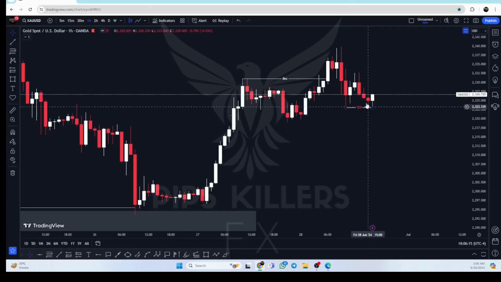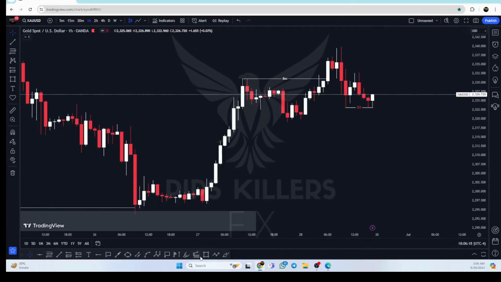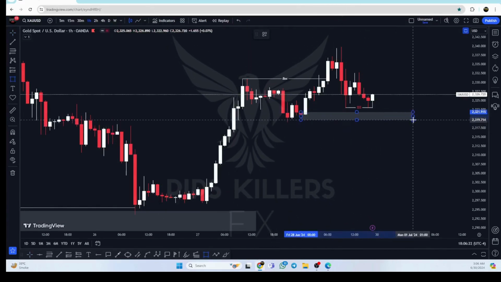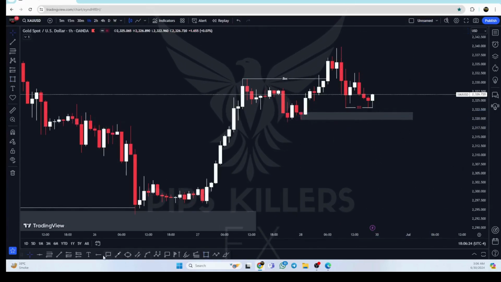If the market sweeps this liquidity and tests the order block present below, a buying opportunity may arise within the zone from 23.21 to 23.19.